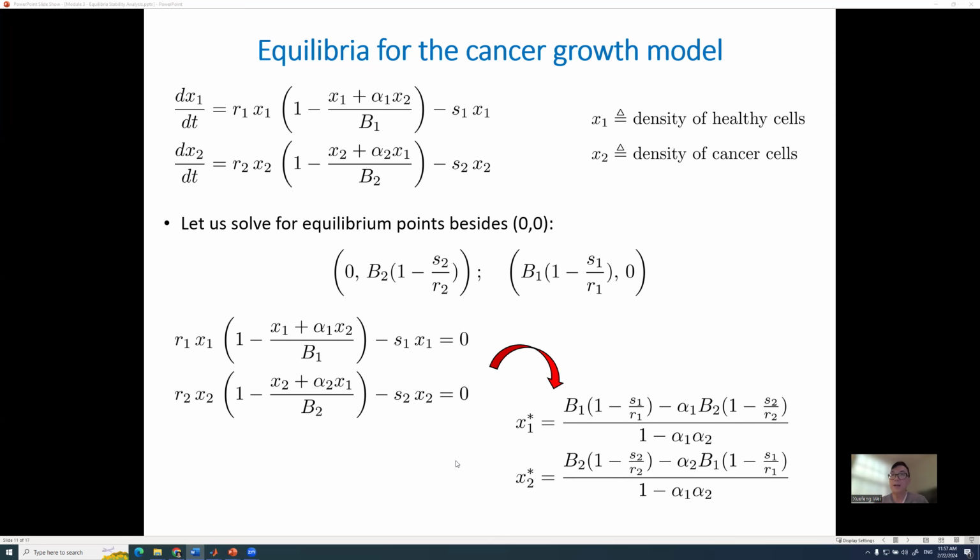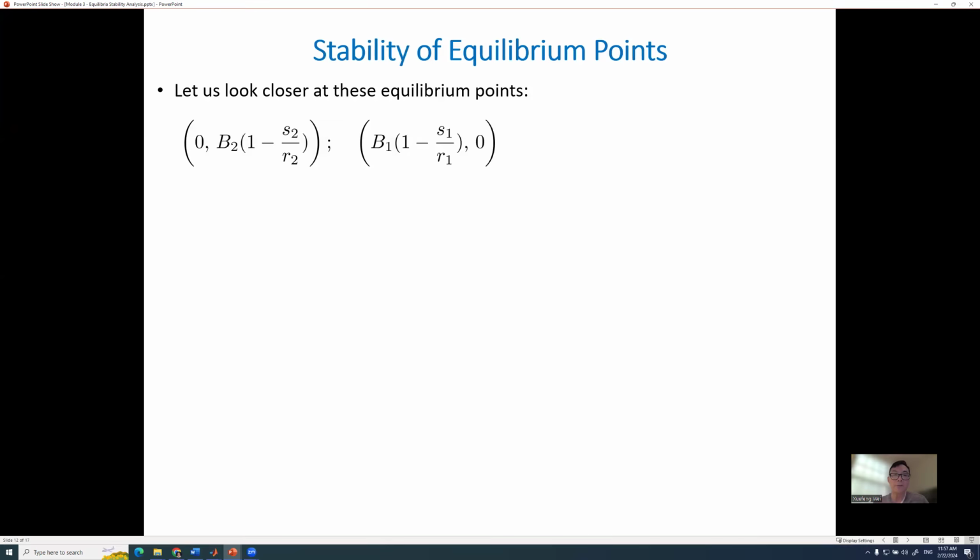Let's look at what happens around the first two equilibrium points, which are clearly the most interesting ones for the sake of cancer therapy, because they will tell us whether the cancer wins or the remission wins. So we're going to discuss the notion of stability of an equilibrium point. What do I mean by stability?